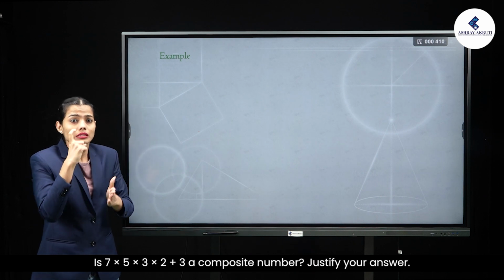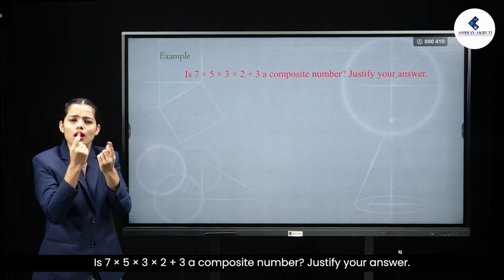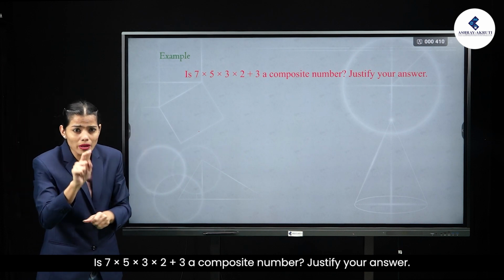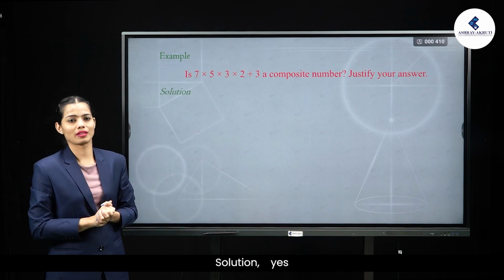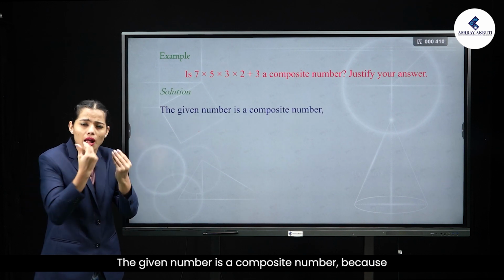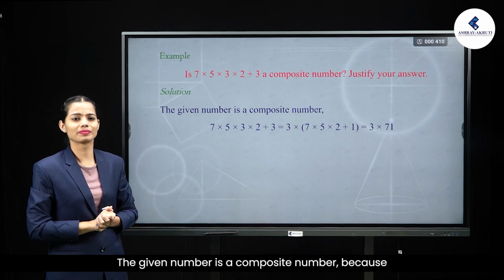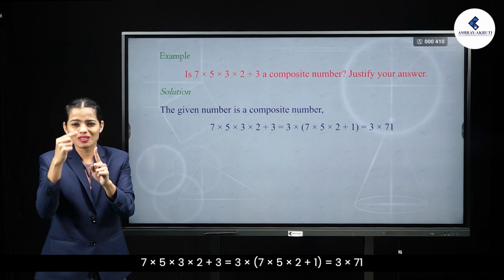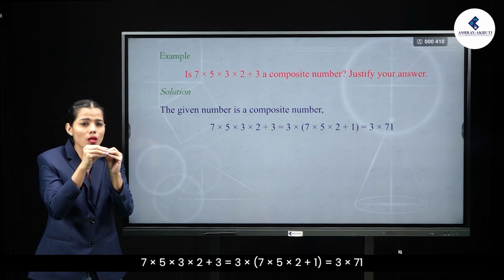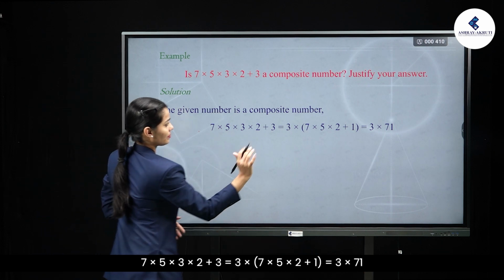Example: is 7 into 5 into 3 into 2 plus 3 a composite number? Justify your answer. Solution: yes. The given number is a composite number because 7 into 5 into 3 into 2 plus 3 is equal to 3 into (7 into 5 into 2 plus 1), which is equal to 3 into 71.